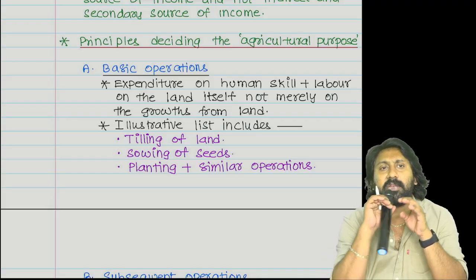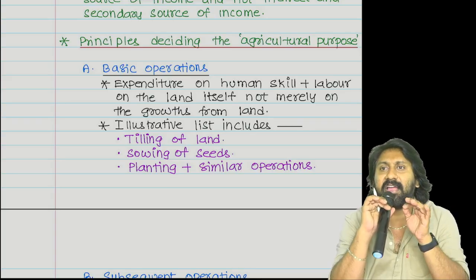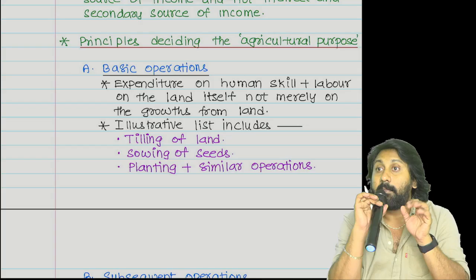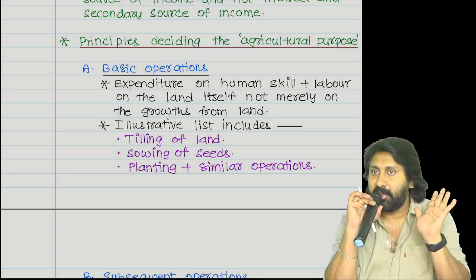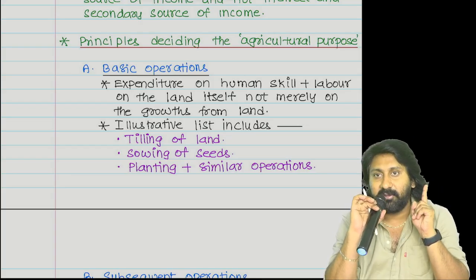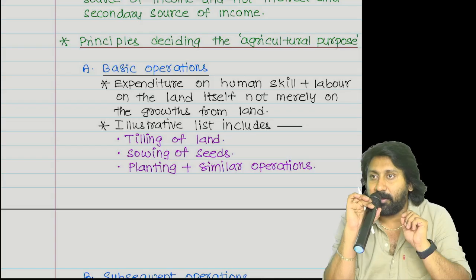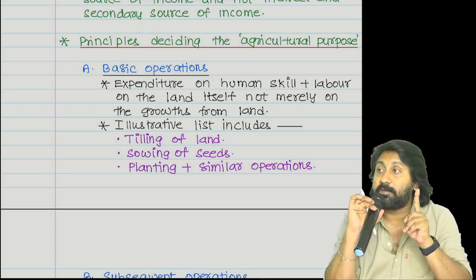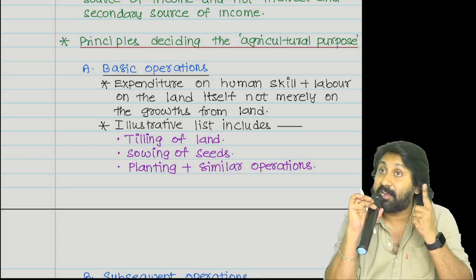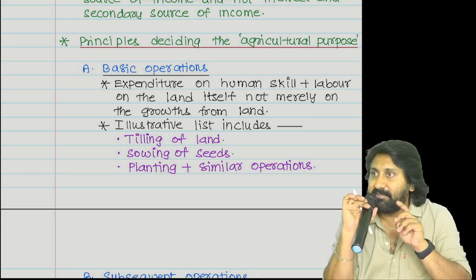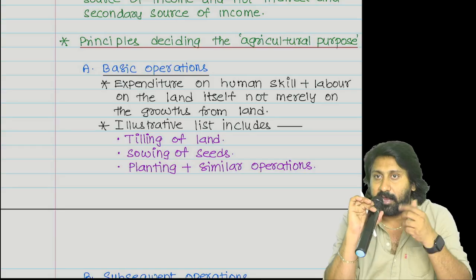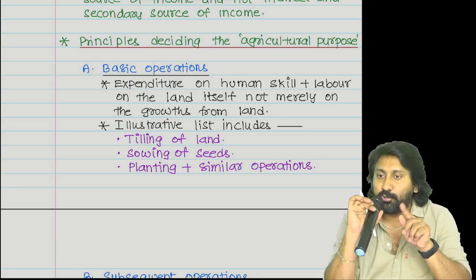Now I will ask a question. Is agriculture a skilled activity or non-skilled activity? 100% it's a skilled activity. Only a person called a farmer can do that in a proper way. They will see the sky and tell whether rain will come or not. They will see the atmospheric conditions and tell what rain will come in the near future. They will estimate the length of the rain and tell whether it is useful rain or not.